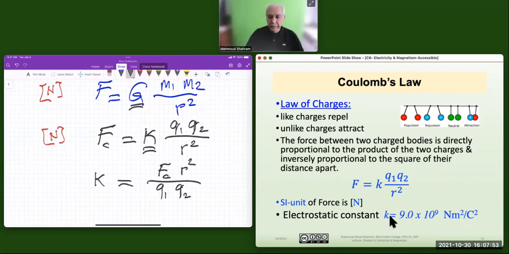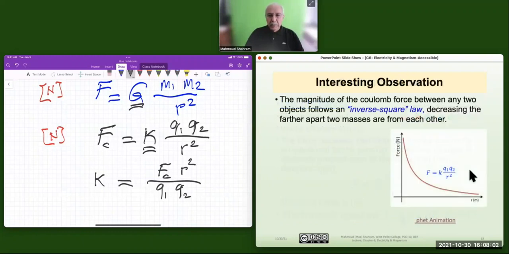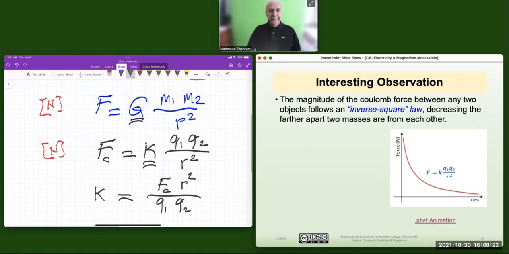That's where that unit comes from. One similarity between the two is 1 over distance squared. This is called the inverse square law, and it shows itself in several different phenomena in physics and in nature. It means that the force changes as 1 over r squared as distance increases, so it reduces.